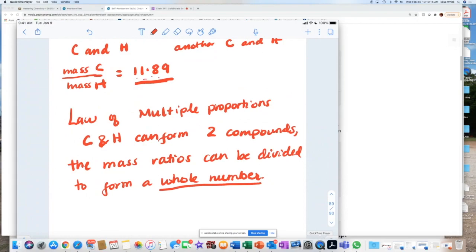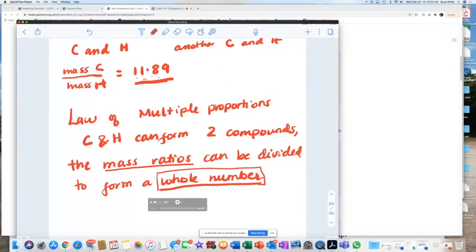So take this mass ratio here, divided by the other mass ratios, and once you get a whole number, then that other mass ratio is the one that's possible, because the goal here is dividing the two mass ratios will give you a whole number. Okay, so this is one of those questions where you're just testing your way into the answer.